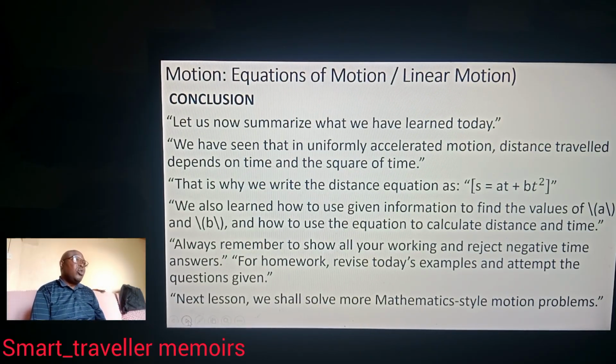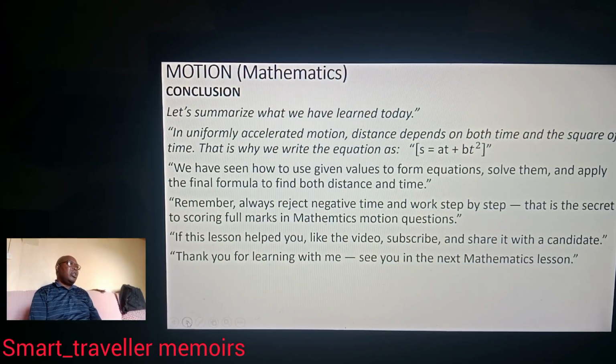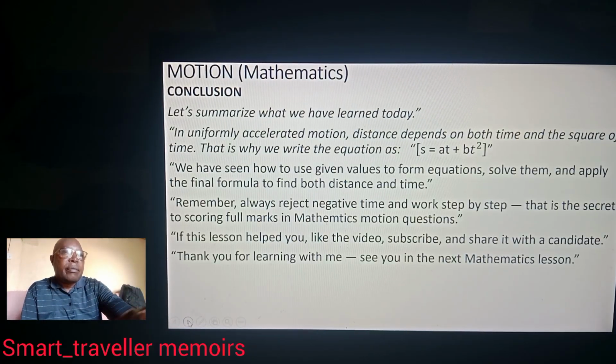Always remember to show all your working and reject negative time answers. For homework, revise today's examples and attempt the questions given. Next lesson, we shall solve more mathematics-style motion problems.